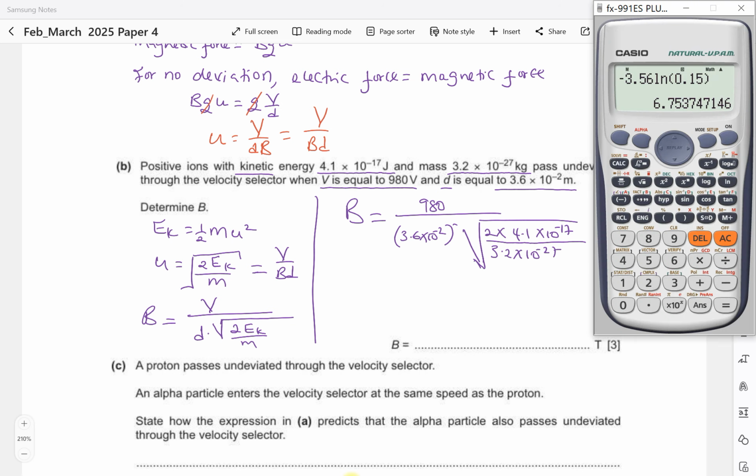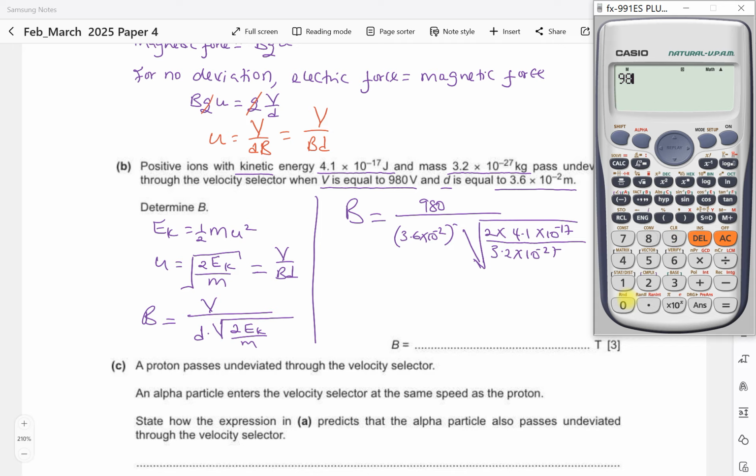Okay, I'll press my calculator. I will start with the root. So with the root, I have 2 times 4.1 exponent minus 17 divided by 3.2 exponent minus 27 under the square root, then times 3.6 exponent minus 2.